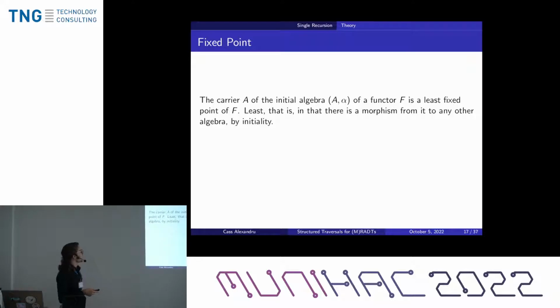Okay, and so the thing to know about the initial algebra is that it is the least fixed point of the functor f, and this is in the sense of least, where the term least here derives from the notion of initiality.